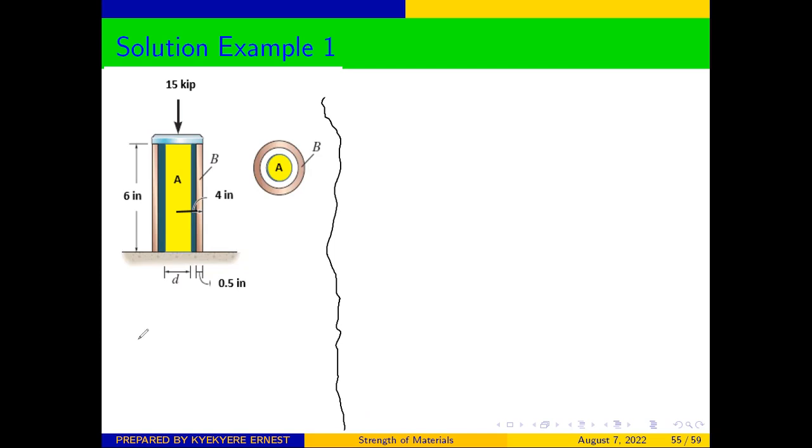When we get a question like this, as you can see on the screen, it is a composite bar, composite in shape. When we have a composite bar like that, we have two bars: the yellow bar and the red one, which is here.